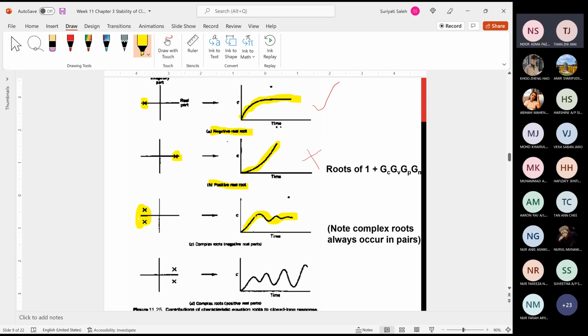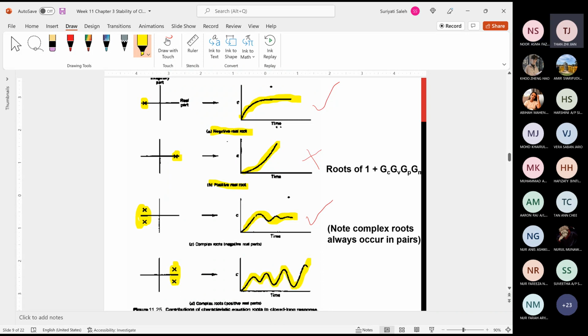This oscillation comes from the complex root, meaning you have a complex number inside your root. Still, this is considered a stable system. We only prefer a smooth response without the complex number. And lastly, if you have a positive complex root, not only do you have the oscillation, but it becomes unstable.